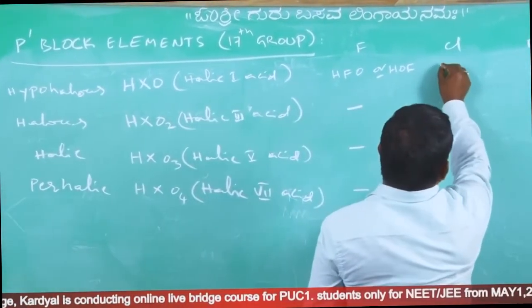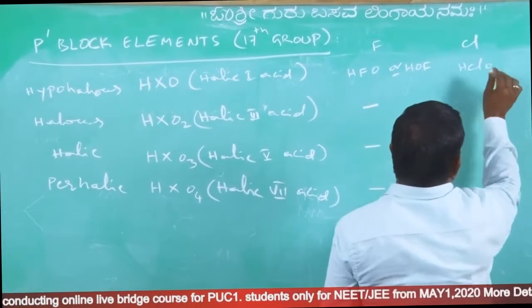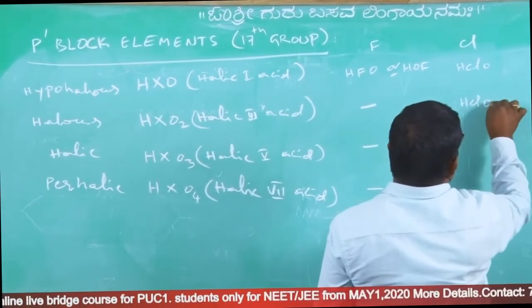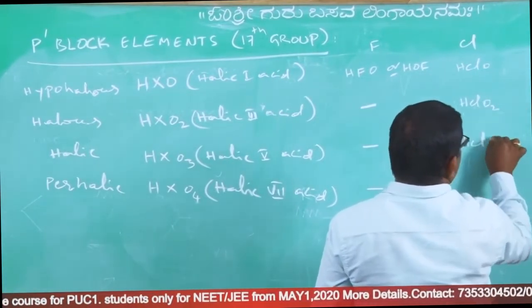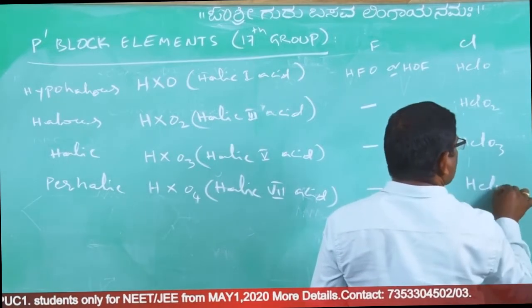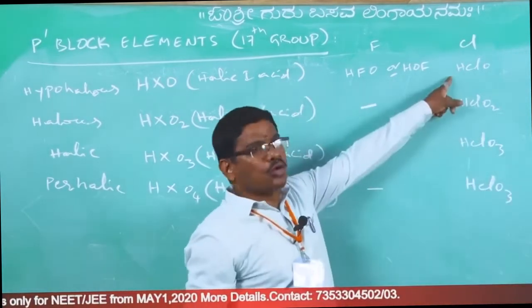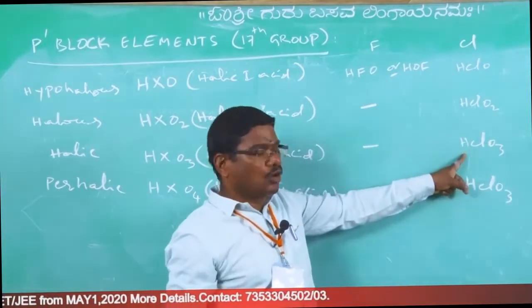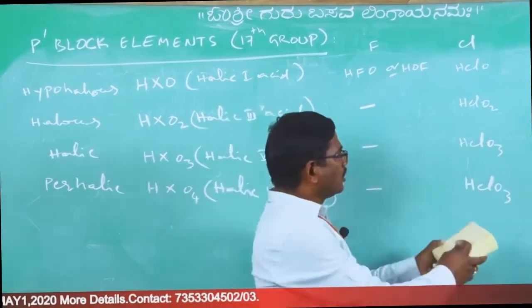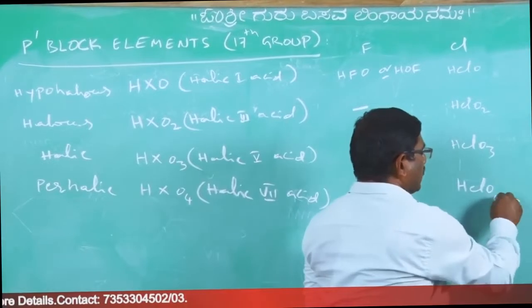Chlorine if you come, it will be HClO, HClO2, HClO3, HClO4: hypochlorous acid, chlorous acid, chloric acid and perchloric acid.